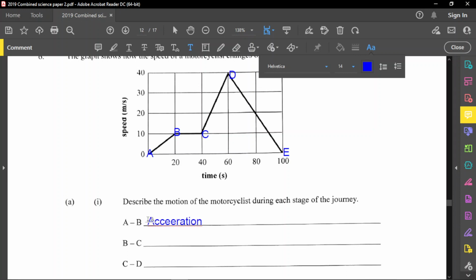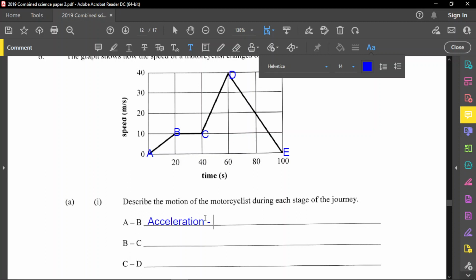For acceleration, just to make a quick note, you can describe it a little bit better by stating that there's an increase in speed. The speed increases to 10 meters per second in 20 seconds.